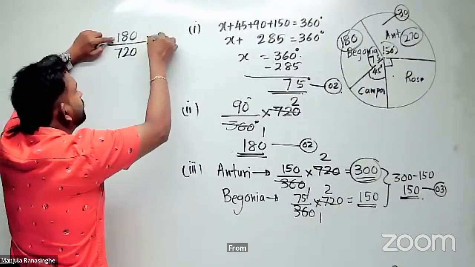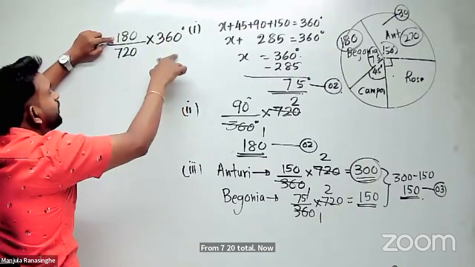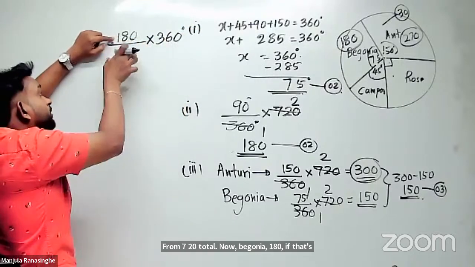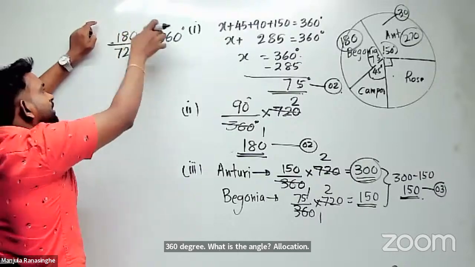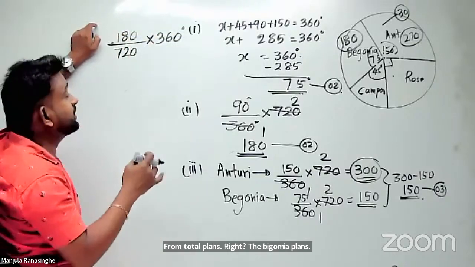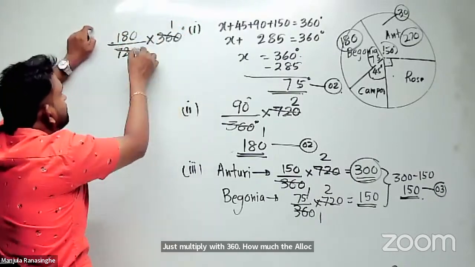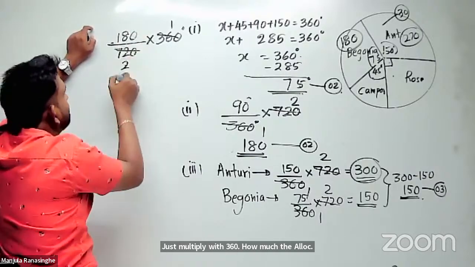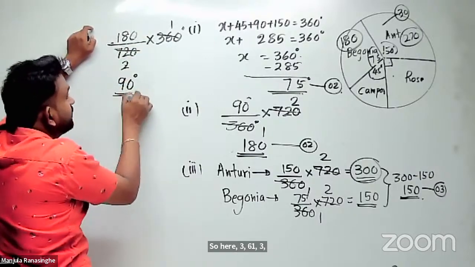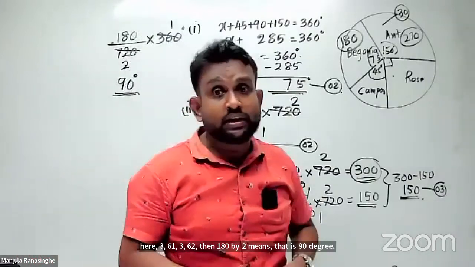If that's so, from 360 degree, what is the angle allocation? From total plants, the begonia plants, just multiply with 360. So 360 over 720, then 180 divided by 2 means that is 90 degree. So now actually allocate 90 degree.